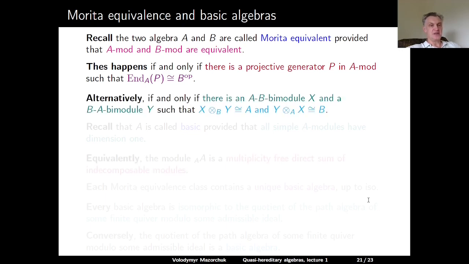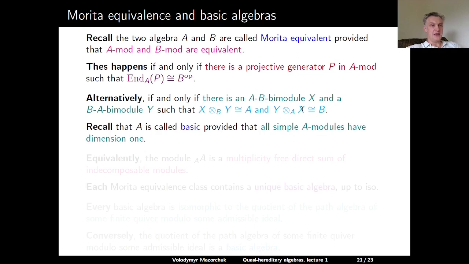Alternatively, this happens if and only if there is an AB bimodule X and a BA bimodule Y, such that tensoring X and Y over B, we will get A as an AA bimodule, and tensoring Y and X over A, we get B as a BB bimodule.